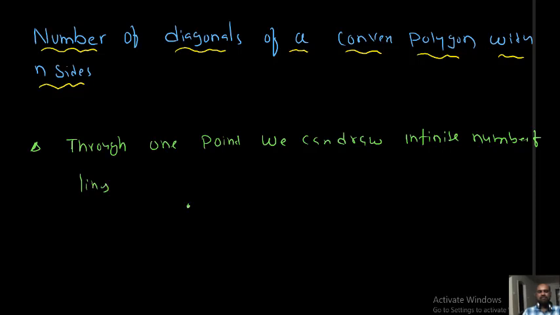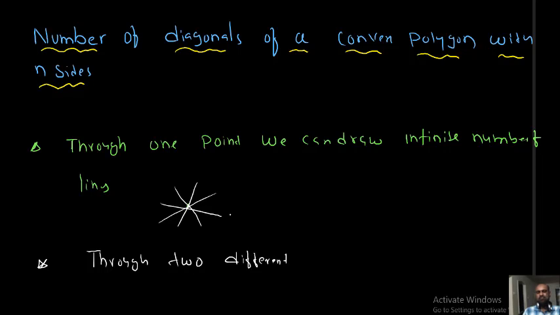This is the point. Through this point you can draw infinitely many lines. Next point: through two distinct points, two different points, we can draw a unique line.